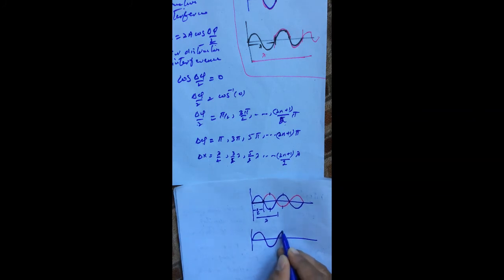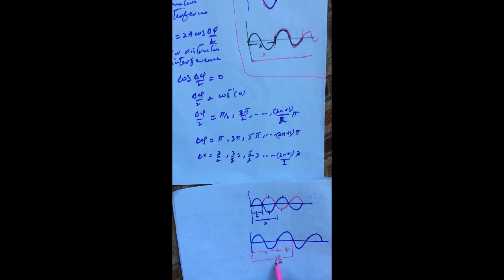Now let's suppose we have the path difference which is 3 lambda divided by 2. Then in this case, this is the first wave. Now this is lambda, and this will be 3 lambda divided by 2, because this is lambda by 2.